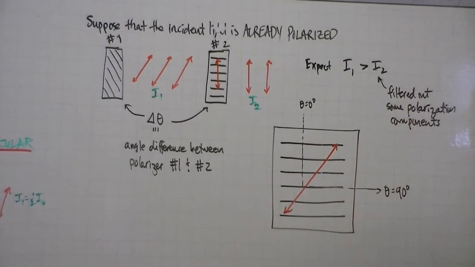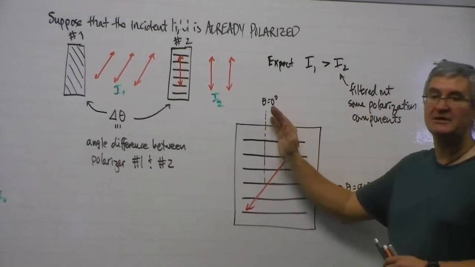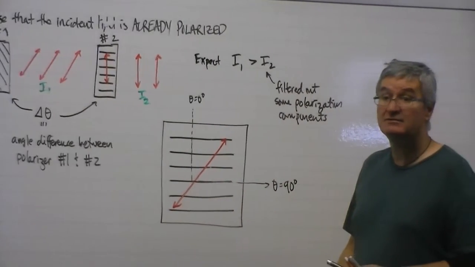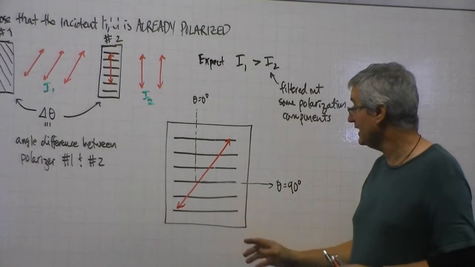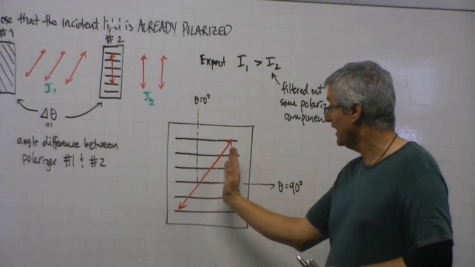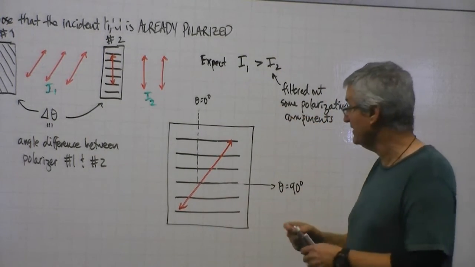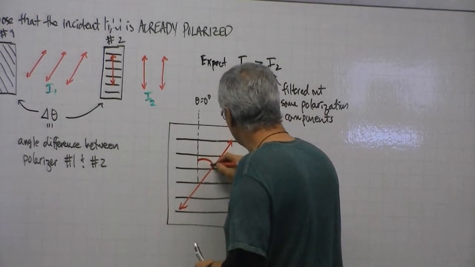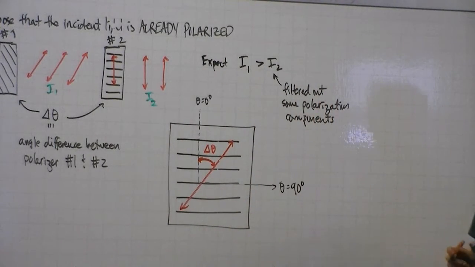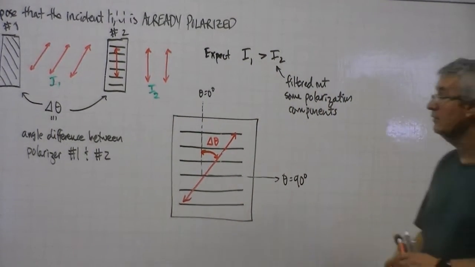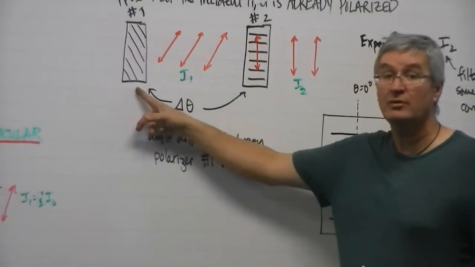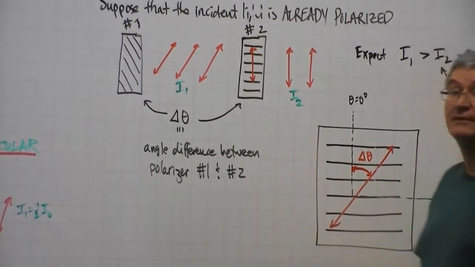And it's actually common to pick positive in the negative direction. But since it's arbitrary, it doesn't really matter for right now. And so what you see here is that this polarization is off angle, and this angle between here and here is what we're going to call d theta right there. Okay? That angle turns out to be the difference in angle between this polarizer and that polarizer right there.